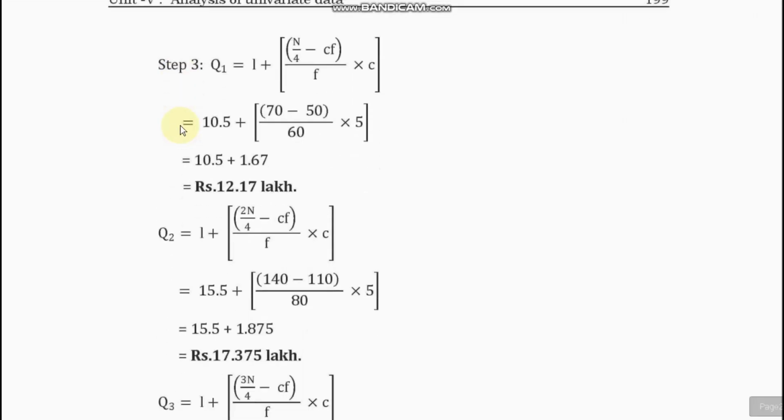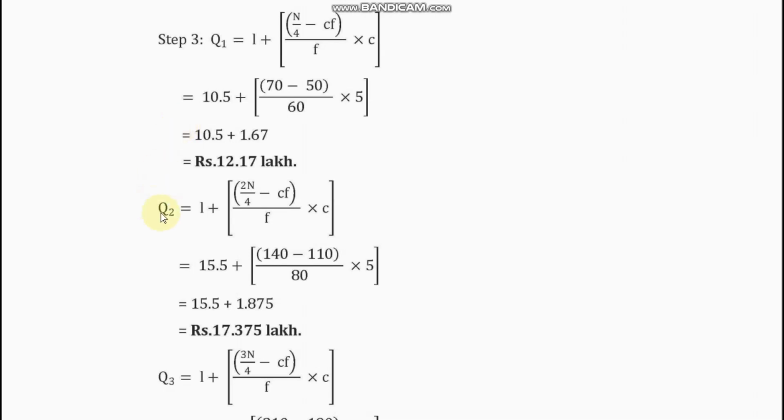The formula for Q2 is L plus 2 into n by 4 minus Cf divided by f into C. That is 15.5 plus 140 minus 110 divided by 80 into 5. That is 15.5 plus 1.875, which results in 17.375 lakh.